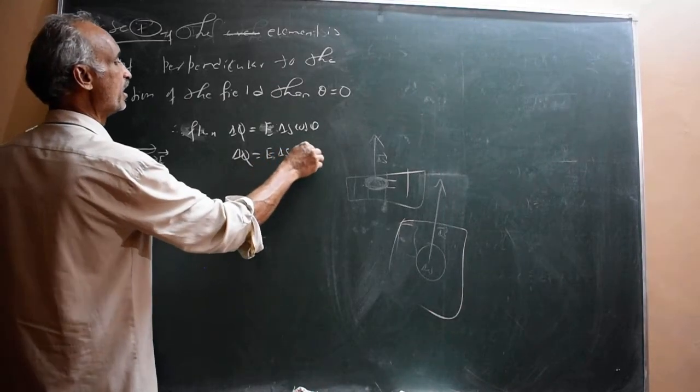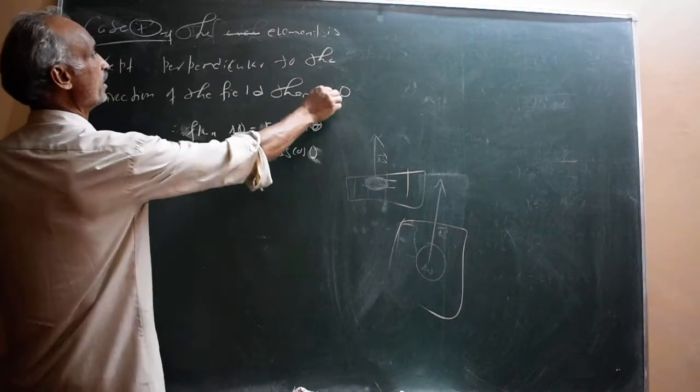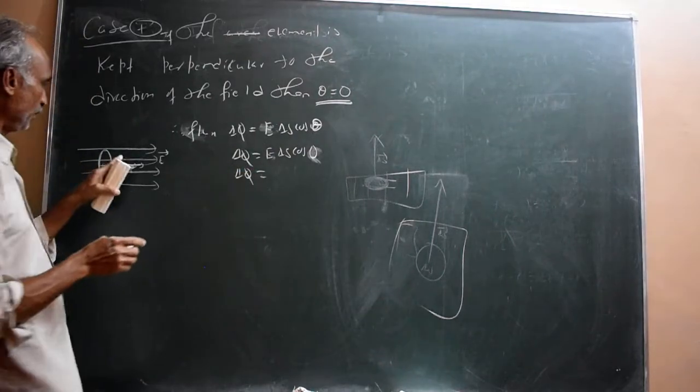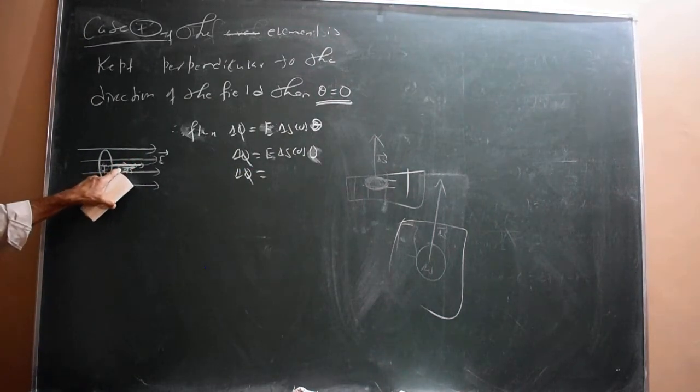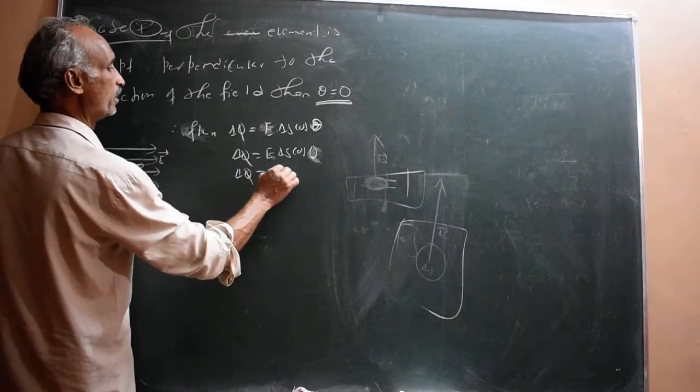Cos 0, theta is 0 in this case. Theta is the angle between E bar and normal to the area element. Delta pi is equal to E into delta S.